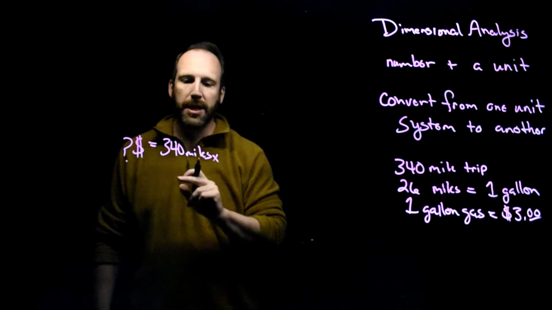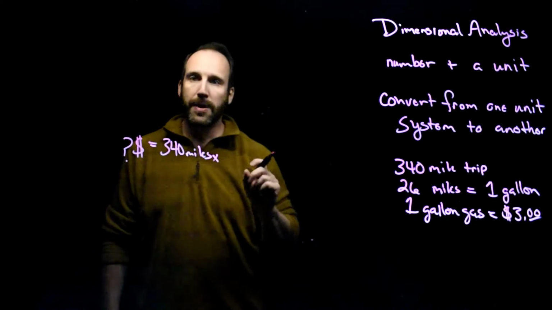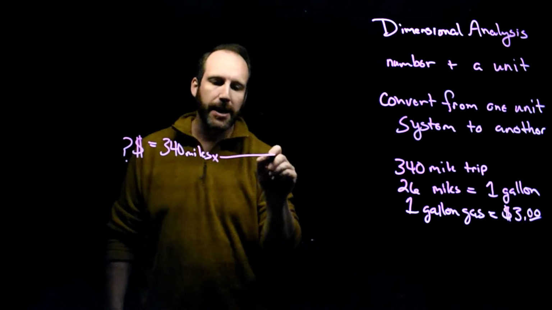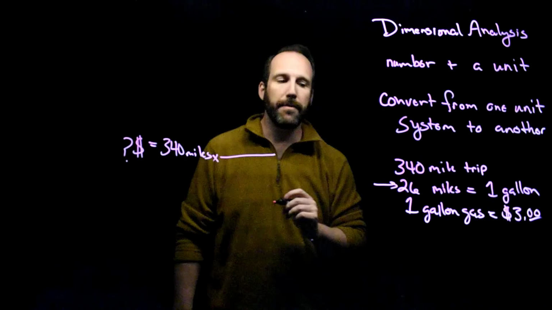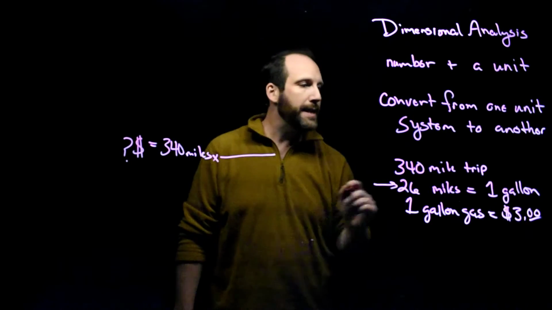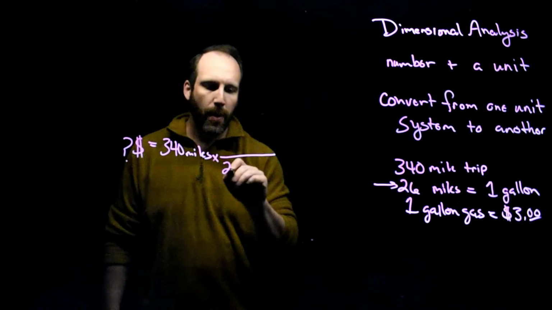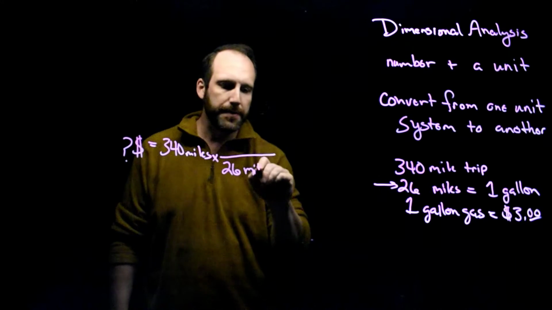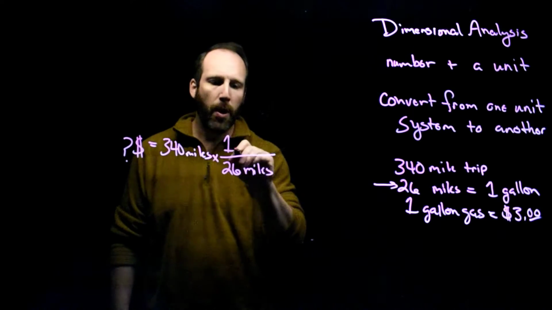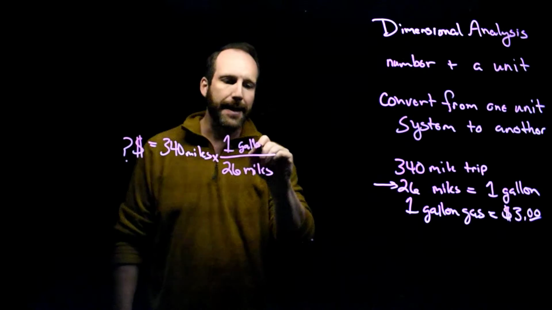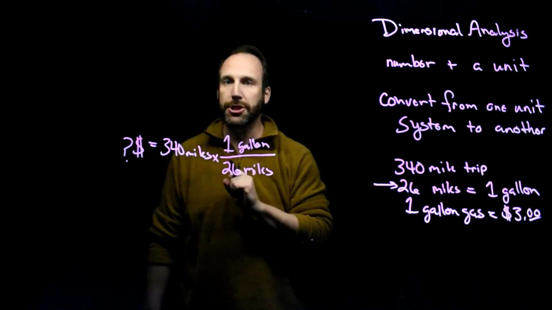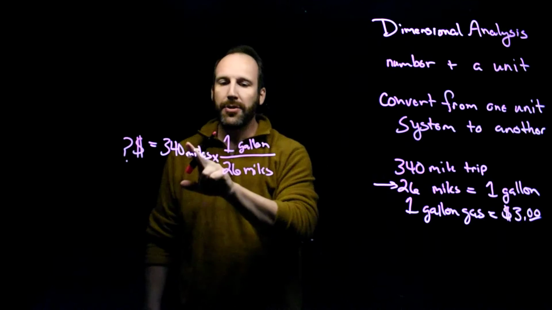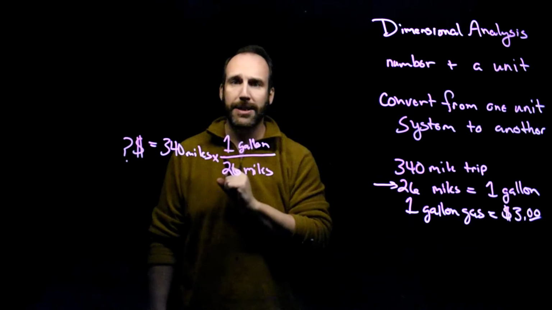Our first step is to convert from miles to gallons. So we're going to multiply by a conversion factor that uses this equality, okay? And that equality, again, is to say that we can go 26 miles on 1 gallon of gas, okay? And look what's going to happen when we do this multiplication, right? 340 times 1 divided by 26.